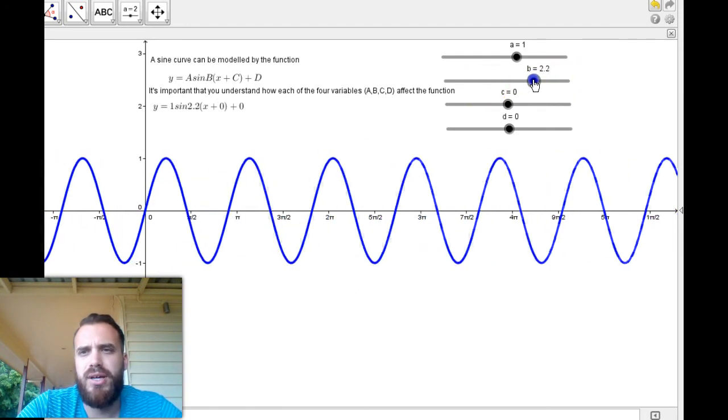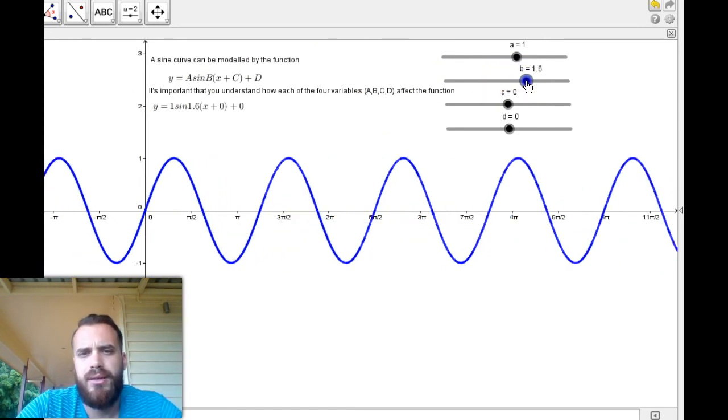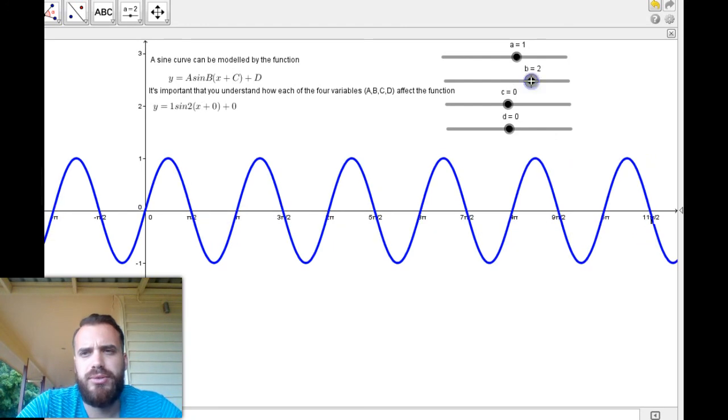So let's go back to a B value of 1. Okay, there's our B value of 1. We can see it has a period of 2 pi. Now I'm going to increase that B value to 2. You can see our period shortening. Our period's gone from being 2 pi to just pi. Up, down, back up to pi.